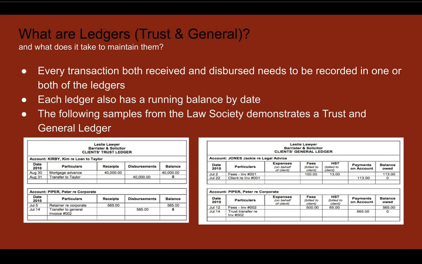So a very basic point here is that when you're looking to move funds from trust to the general, keep in mind that you first need to have sufficient funds in the trust account. And then comes into the picture something called an invoice, because the money that lies in your trust account is not yours. It is a liability. It is your client's money that you have got as a retainer or any other trust deposit.